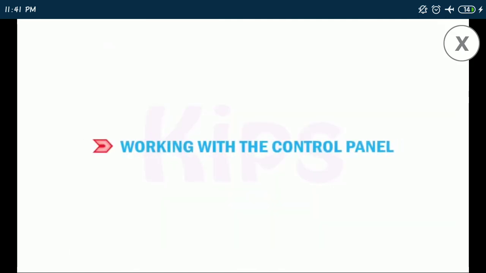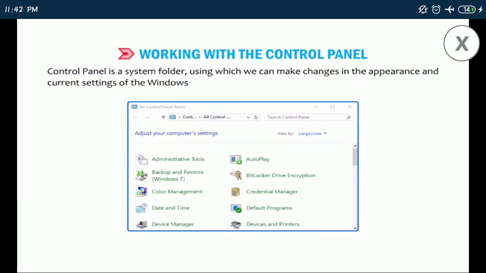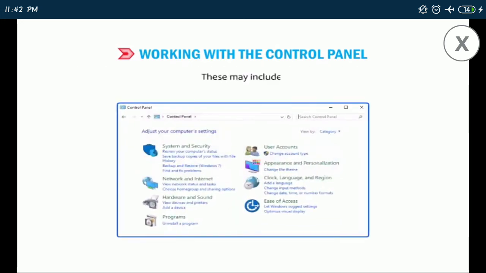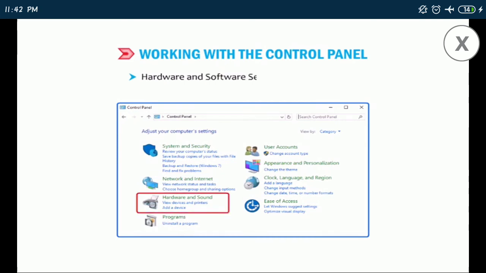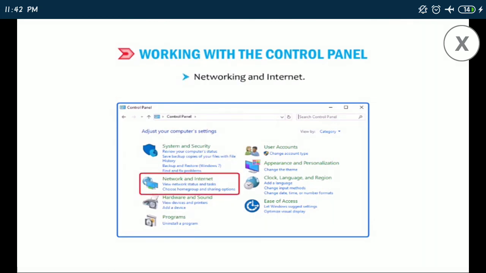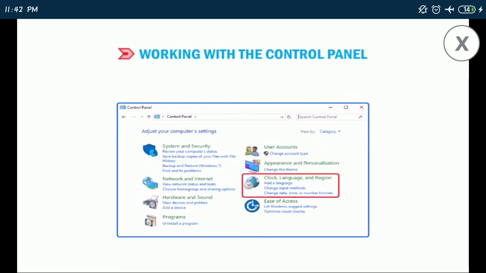Now let us learn how to work with the Control Panel. Control Panel is a system folder using which we can make changes in the appearance and current settings of Windows. These may include appearance and personalization of the desktop, hardware and software setup and configuration, system and security, networking and internet, user accounts and family safety, setting clock, language and region.